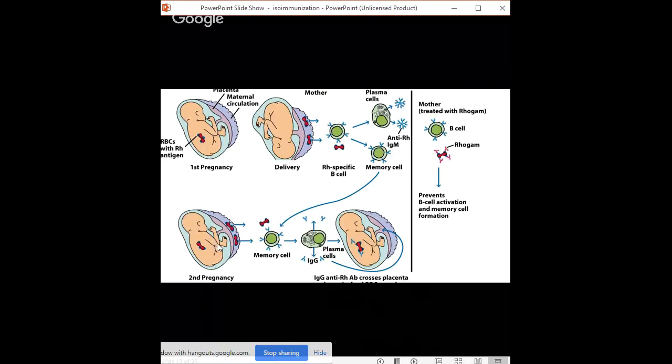Then you have your second pregnancy, and during your second pregnancy, you have your memory cell now interacting with the fetal rhesus positive blood cell, and you have the formation of your IgG antibodies, which easily cross the placenta and enter fetal circulation, thus causing your hemolytic anemia.